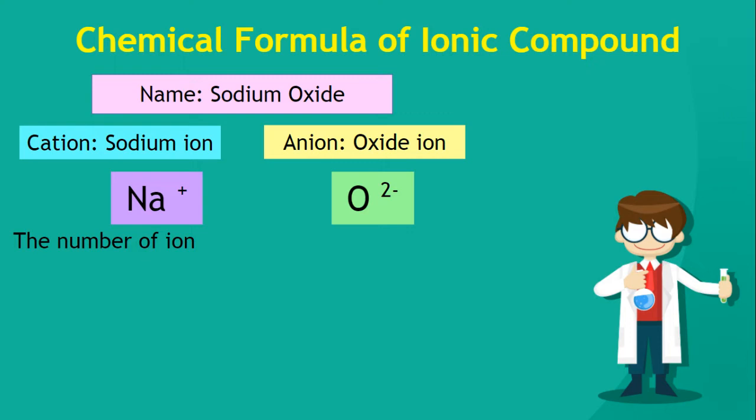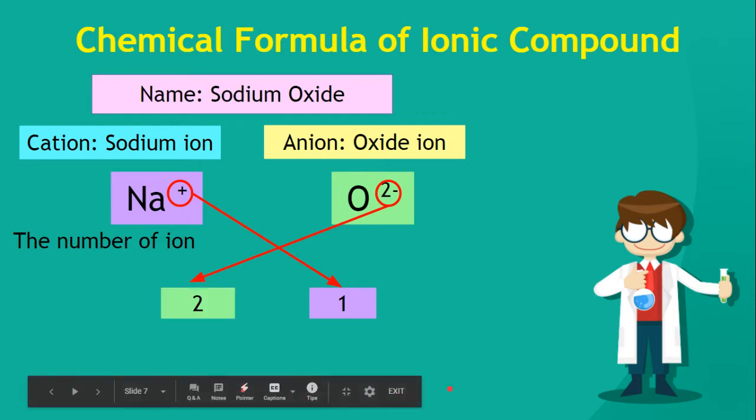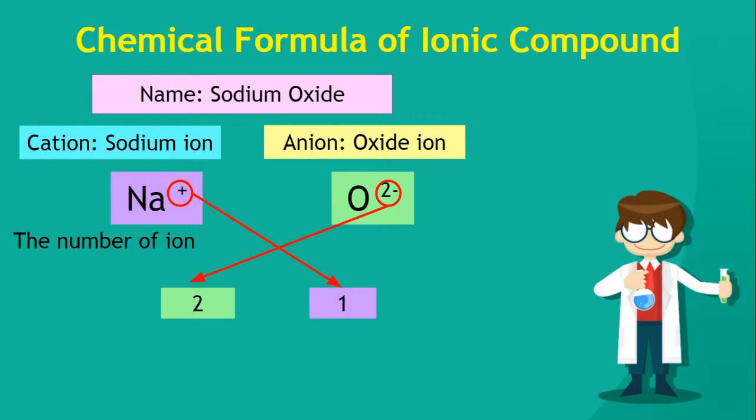The number of ions, like before, we determine from the charge. Sodium is 1, so you put 1 under the oxide ion. For oxide ion, 2, so you put 2 under the sodium ion. Can this be simplified? The answer is no, because the ratio is 2 to 1.